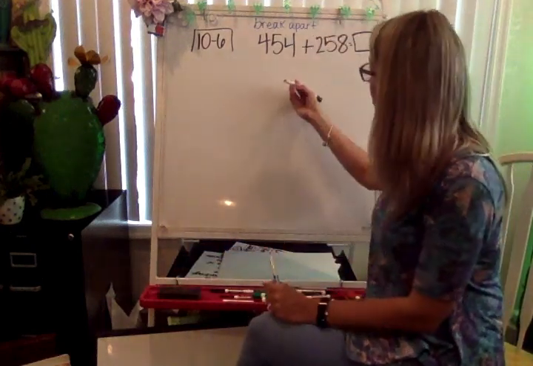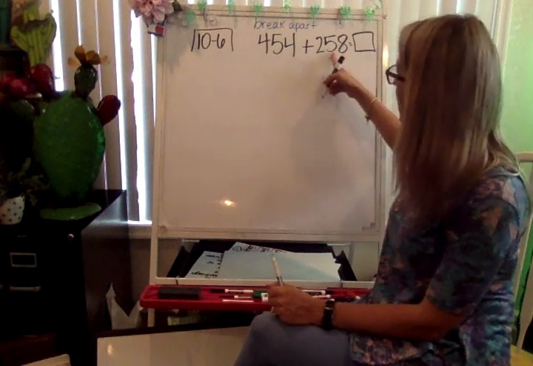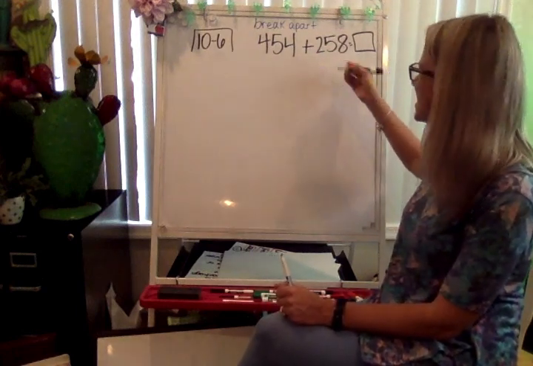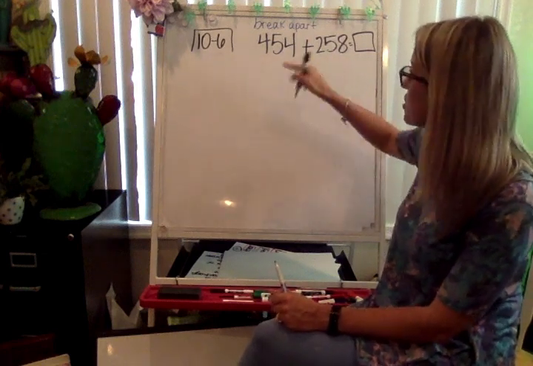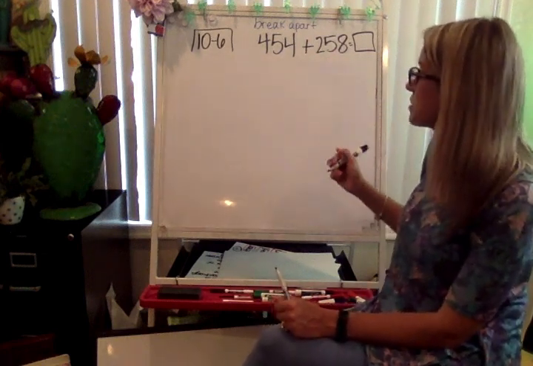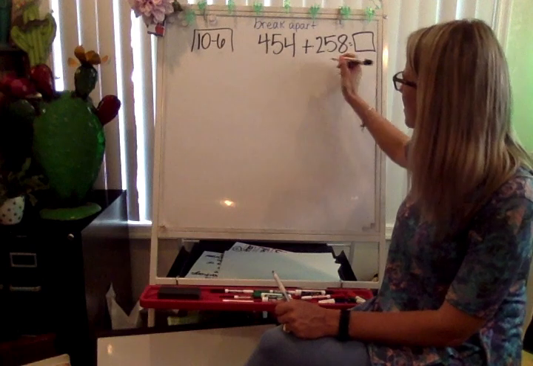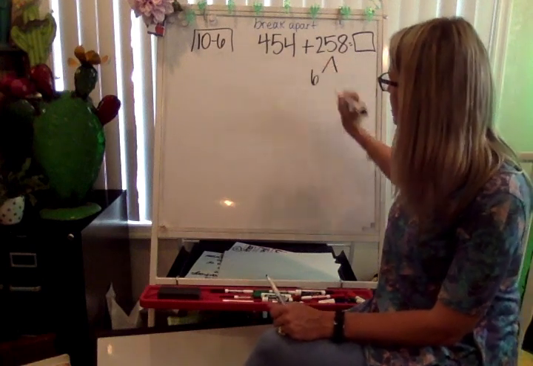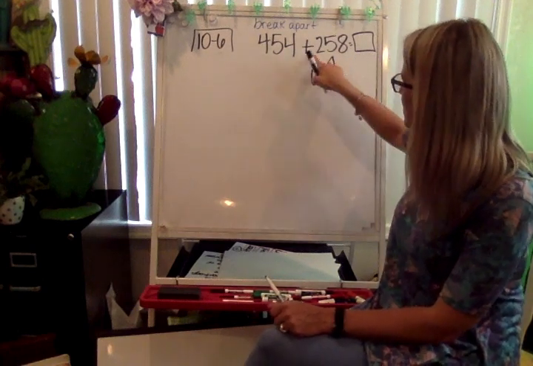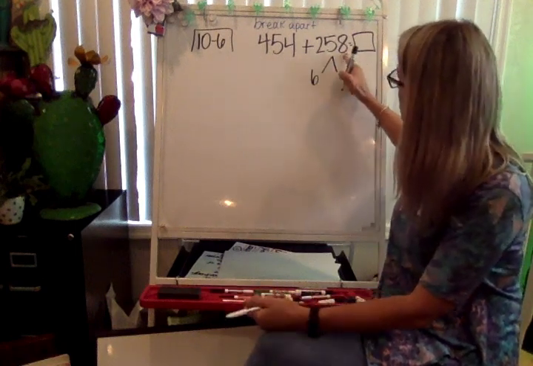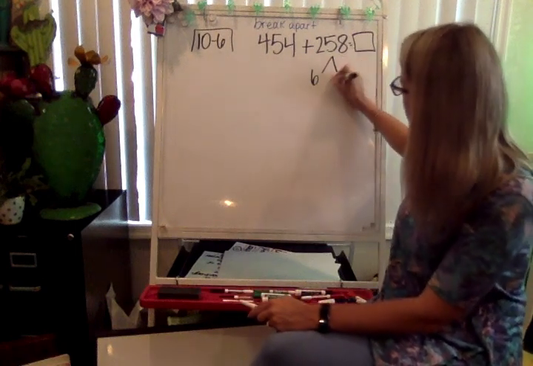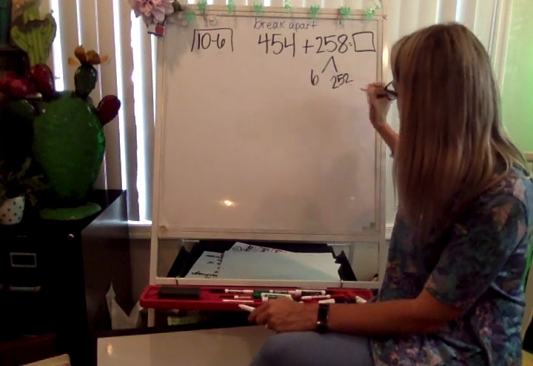All right, so 454 plus 258. I'm going to take some of these numbers from one another to make it a little bit simpler for me. I'm going to borrow 6 from over here. If I subtracted 6 from here, that would leave me with 252.